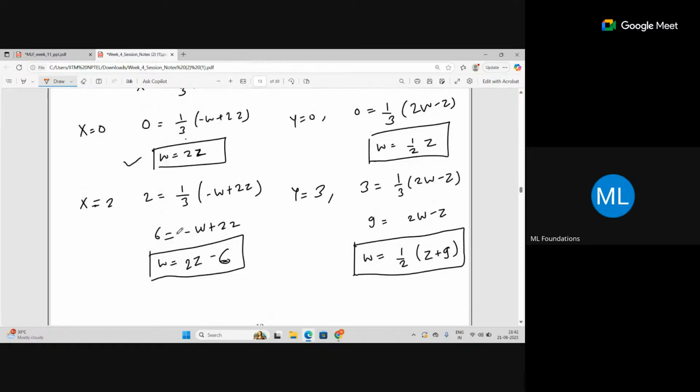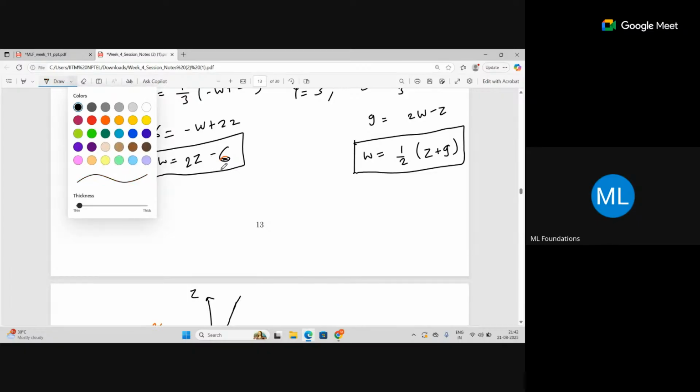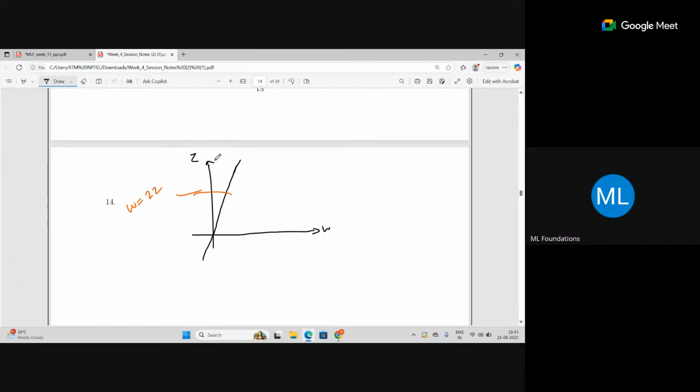Now I need to draw this one, w equal to 2z minus 6. So what is the w intercept? When z equal to 0, w will be minus 6.